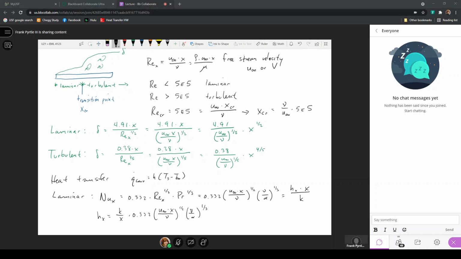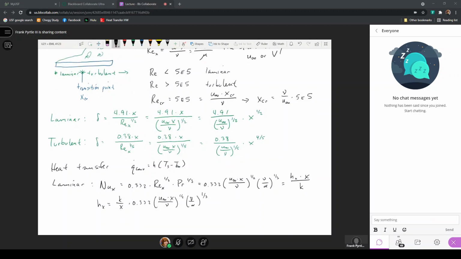So again, these fluid properties would all be constants. The free stream velocity would be a constant. The thermal conductivity would be a constant. All of the things that we would either be given in a problem or look up from the tables. And so all we have is the functionality of x. So here we have an x to the 1/2 and an x to the -1.